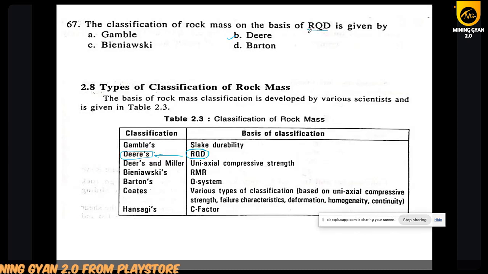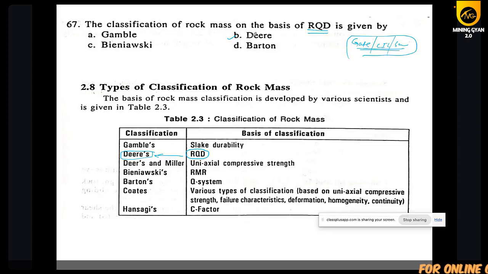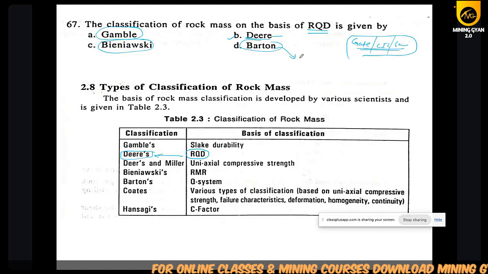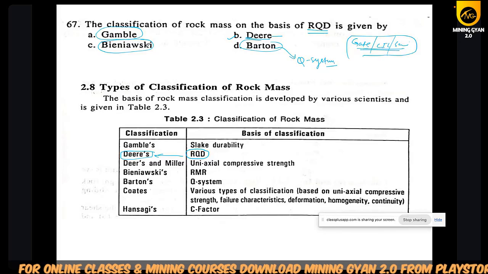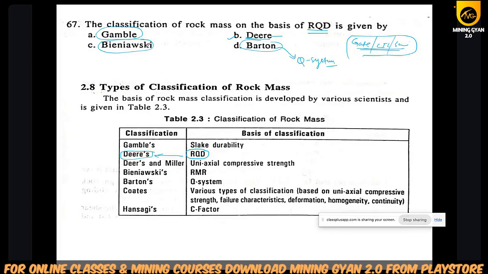Whenever you see this type of question, especially in GATE or in Coal India, SAIL, GAIL, NTPC mining exams, you should not only focus on the answer that is there, but also watch the other choices, like Barton classified the Q system, and Bieniawski classified RMR, and Gamble when it is durability.